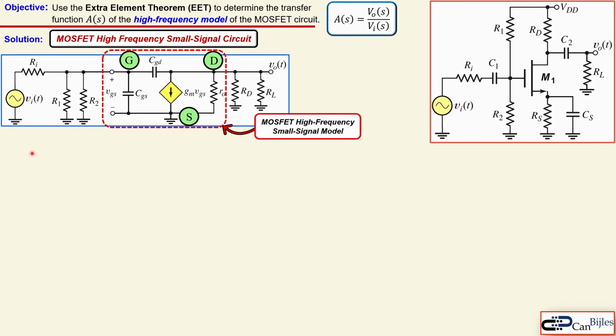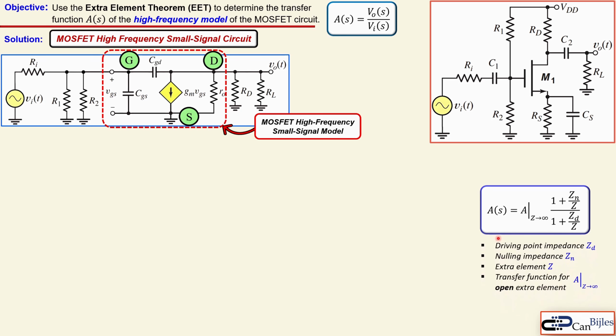First, we will designate our MOSFET high frequency small signal model in the dashed red region. Our formula, which we know from the previous examples using the extra element theorem, is given by this expression: the gain is equal to the gain for the condition where the extra element Z is infinite, so an open circuit, times a correction factor given by 1 plus the nulling impedance divided by Z, over 1 plus the driving point impedance divided by Z. Everything is shown here: the driving point impedance is ZD, the nulling impedance is Zn, which we will determine shortly, step by step.